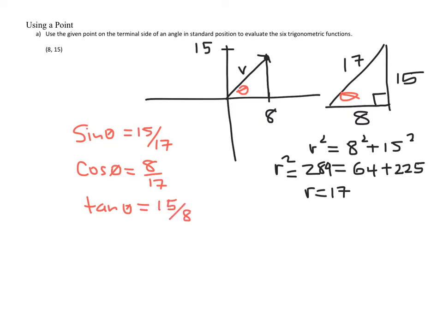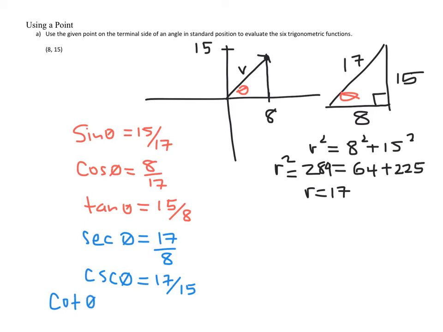And in the same way we can get the reciprocal functions. So secant of theta is equal to 17 over 8. Let's get cosecant of theta. Cosecant of theta is going to be 17 over 15. And then I can get cotangent of theta, which is going to be 8 over 15.